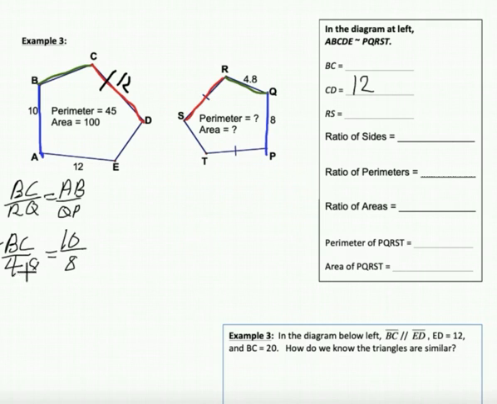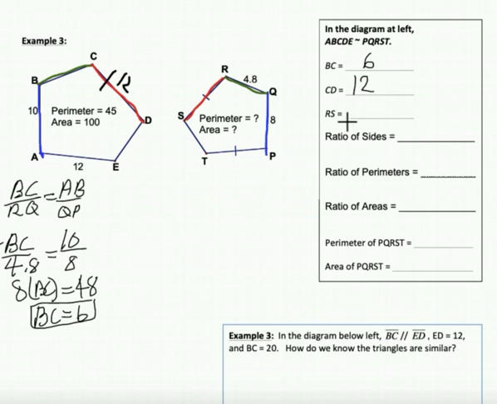So I'll have 8 times BC is going to equal 10 times 4.8, which is 48. And just divide each side of the equation by 8, and you'll get that BC has a length of 6. So nice. I'll go ahead and fill that in over here. BC has length 6.